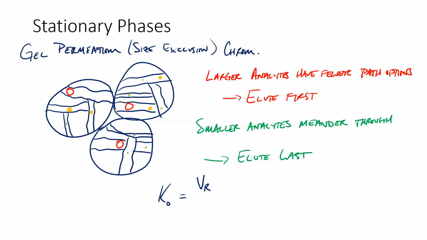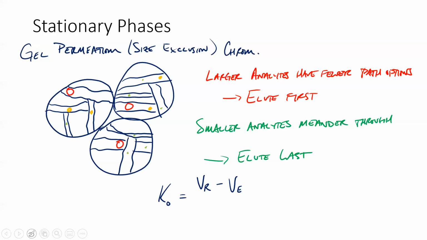the retention volume. We think about retention time a lot, and we can relate retention volume and retention time if we know the flow rate. But V_R is the retention volume. So how much volume do we have to push through in order to get out our particular analyte? Minus V_E, which is the volume of the mobile phase outside of all these little tiny pores.